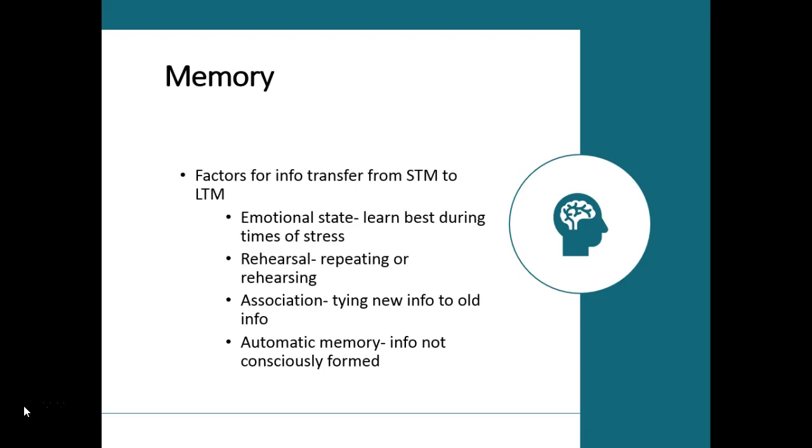Association is also a way that helps us to remember something, and this is where you associate a new memory to something you know already. For instance, if you are learning about antidiuretic hormone in Anatomy 2, and I teach you that this hormone is going to cause holes to be poked in nephrons so that you retain water.